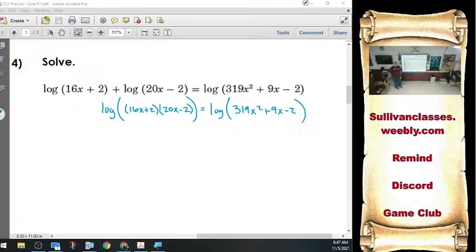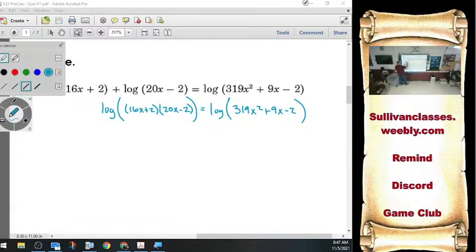Now, because it's log of a thing equals log of a thing and they have the same base, the one-to-one property says this equals that.